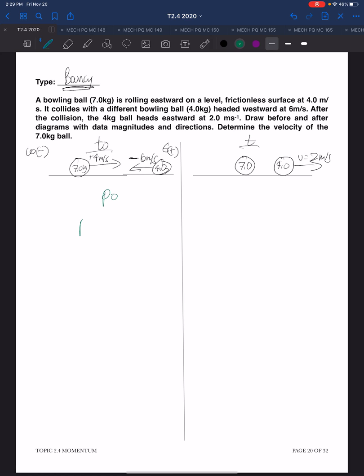P0 consists of P1 plus P2, and the momentum afterward, P, is P1 prime plus P2 prime. P1 is M1 V1, momentum 2 is M2 V2, afterward is M1 V1 prime and M2 V2 prime. What we are looking for is V1 prime.